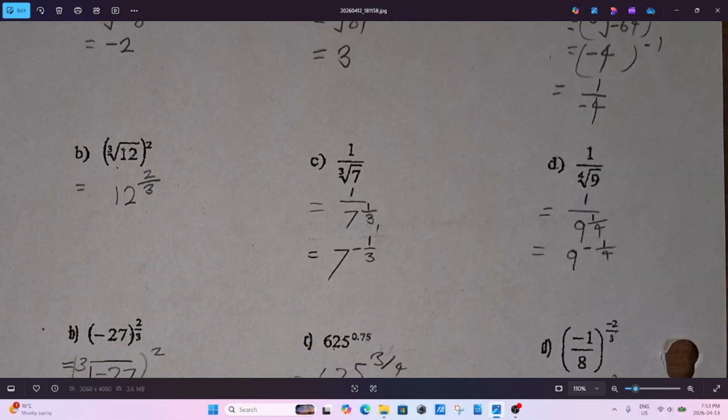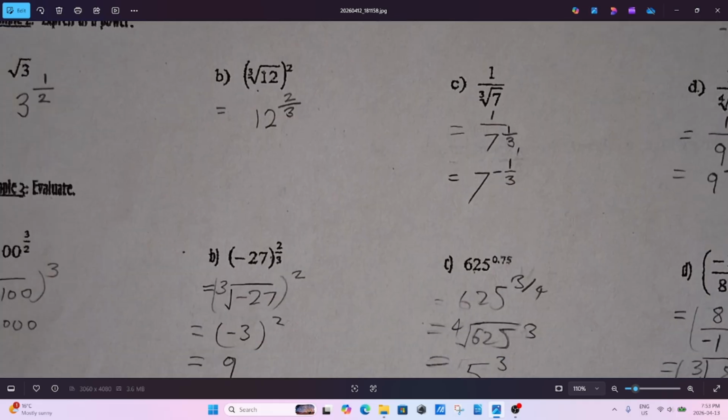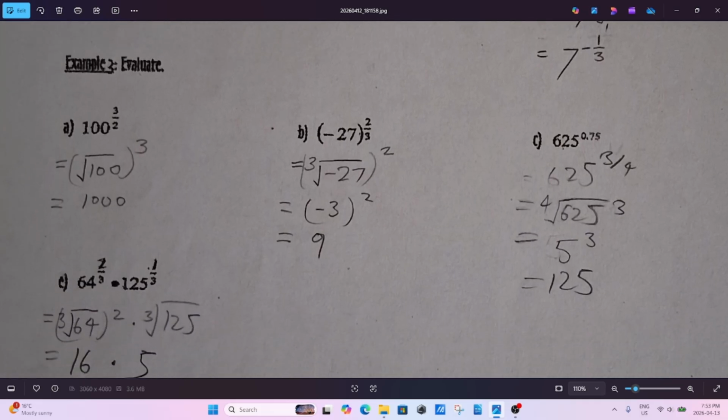Question d, 1 over fourth root of 9 is just 1 over 9 to the 1 over 4, which is equal to 9 to the negative 1/4. Example 3, evaluate. A, 100 to the exponent 3 over 2 is equal to square root of 100 to the exponent 3, which is equal to 1000.